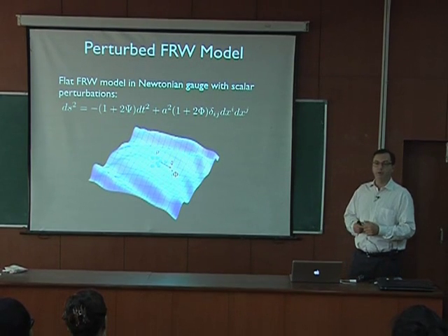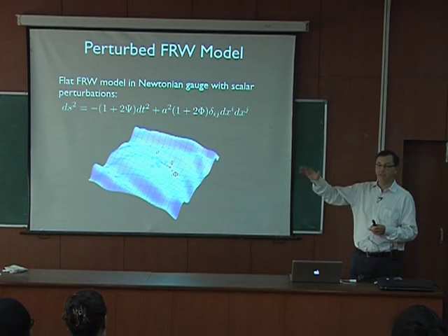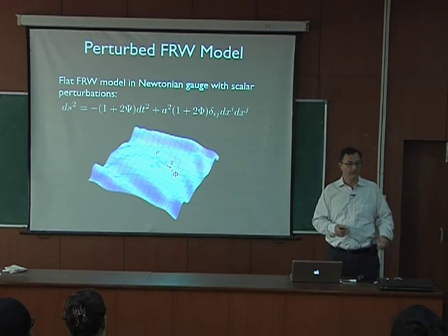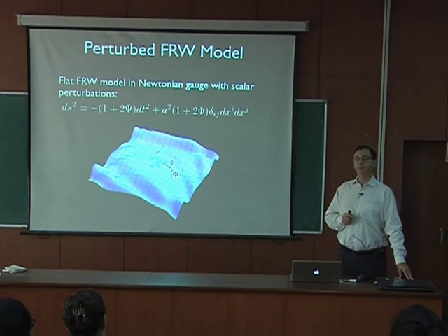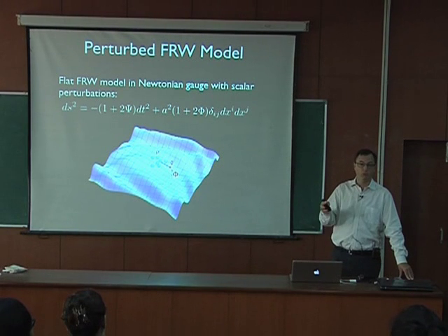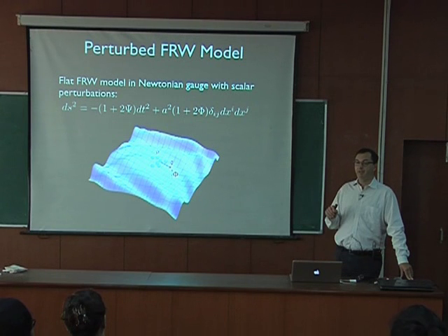Turns out that the vector perturbations are not very interesting because they decay with time. So even if they're excited in the early universe, they decay, so they're usually not important in most models that we consider. The tensor perturbations are very interesting. They're basically the gravitational wave perturbations. But at least to the level of approximation we're looking at here, they only affect very few observables.